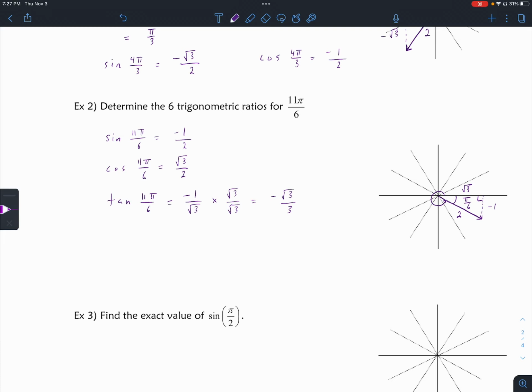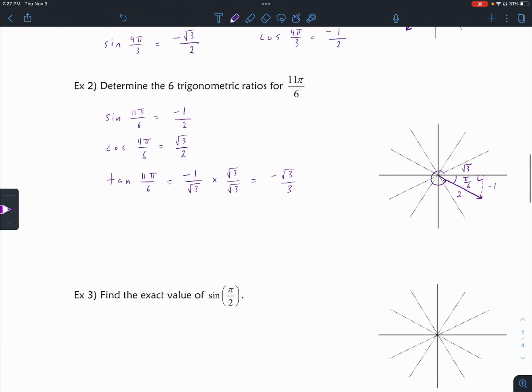Now we go on to the reciprocal trig ratios or the secondary trig ratios. So reciprocal of sine is cosecant. So cosecant 11 pi over 6, we're just going to reciprocate sine. So it's going to be -2. Reciprocal of cosine is secant.